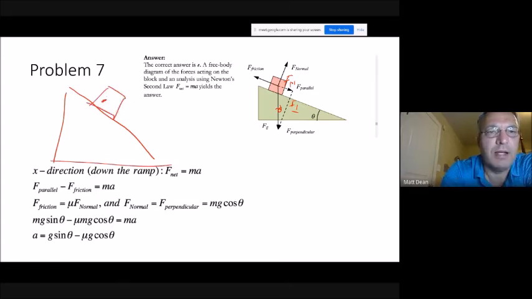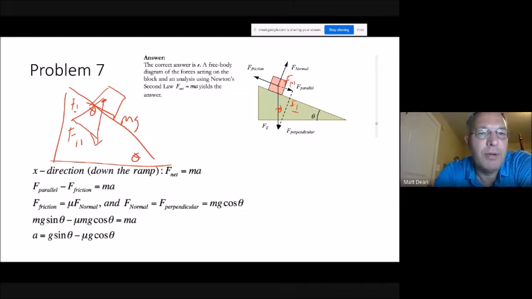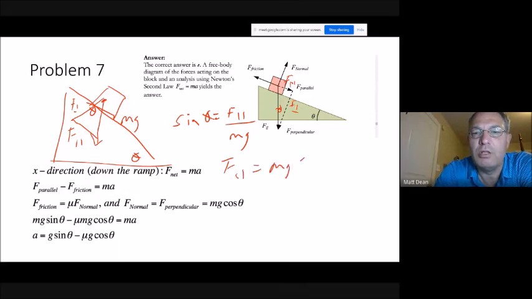I prefer to draw mine like this. So I'm going to draw in my weight, that's mg. I'm going to break it into components, perpendicular and parallel. If this is theta, this angle right here is theta. So for my parallel component, sine of theta equals F parallel over mg, so F parallel equals mg sine theta.